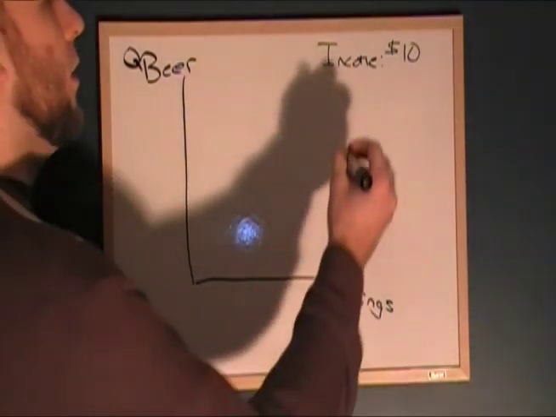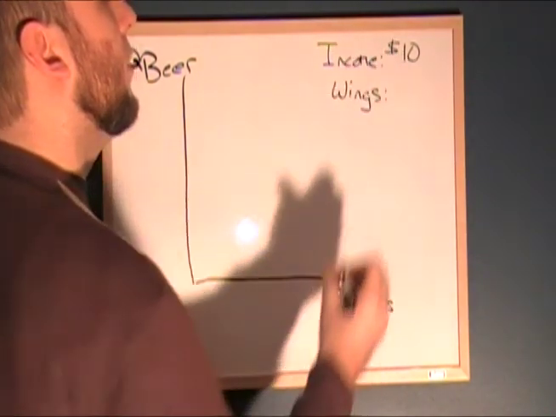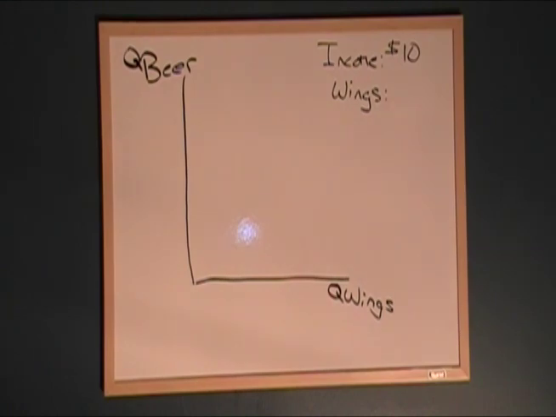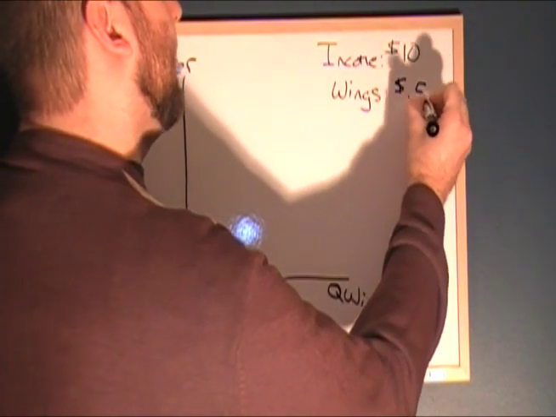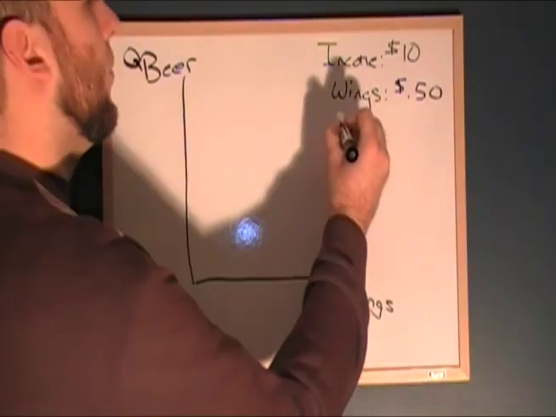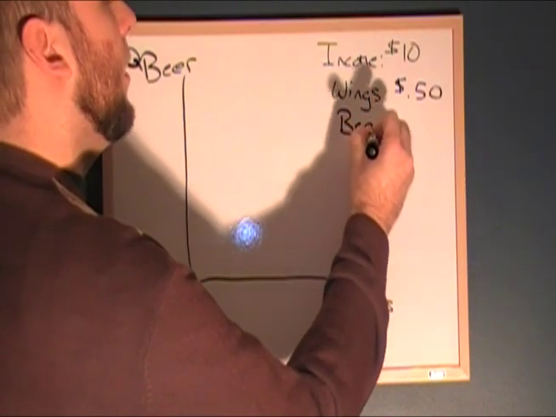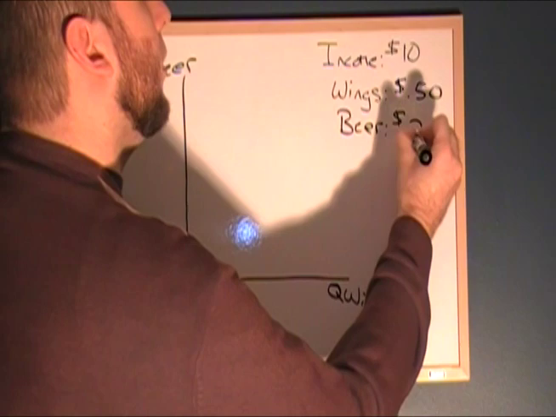We're going to say that the chicken wings, which are on our x-axis, right now we've got a sweet wing deal going on and they're costing me 50 cents a chicken wing. Awesome. I also need to know the price of beer, how much that's going to cost me. And beer, the price of beer right now, $2.